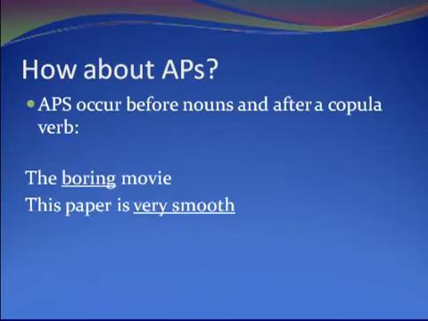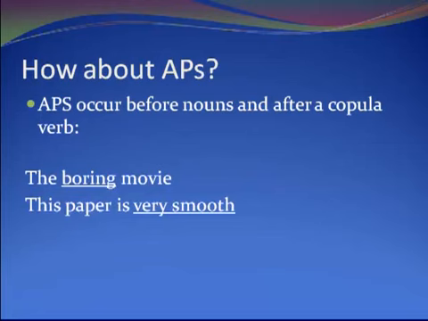How about adjective phrases, APs? These are all the abbreviations. An AP is an adjective phrase. Now, where we've been saying the adjective occurs in certain places, really what we have been looking at is adjective phrases.